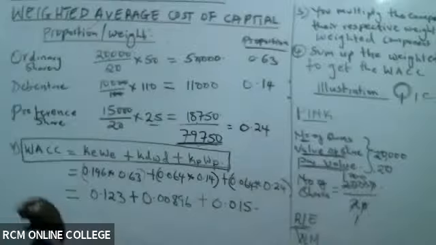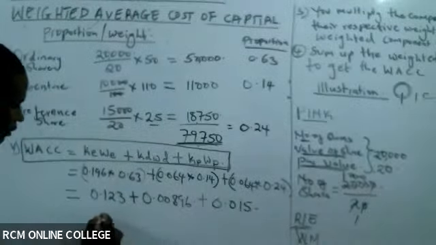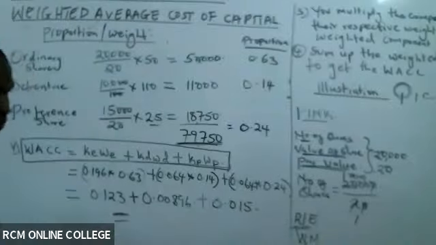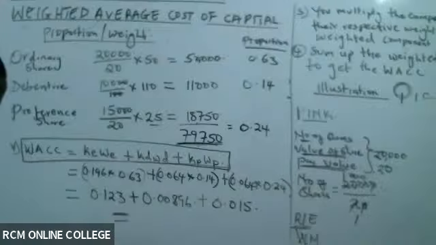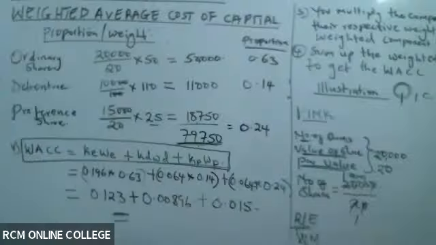Yeah, that's okay. So add all this, and that will be our WACC. So plus. Mmepata ngapi? Mmepata 14.15. Weka tu decimal place ni sawa. 15% sawa.